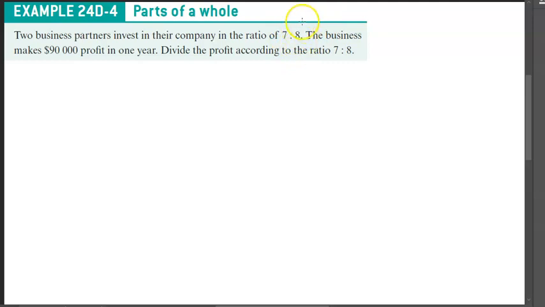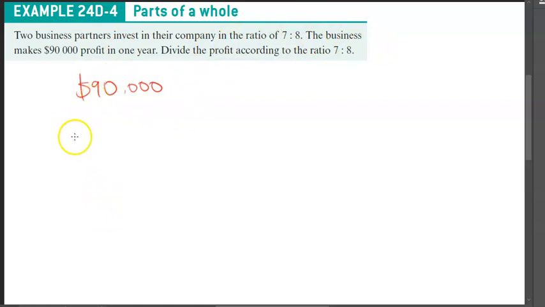So we're expecting that business 2, whatever the business is, is going to get just a little bit more money than business 1 because they got more stocks in. And so the profit that they made is $90,000. So what's happening is once the profit has been calculated, this gets sent out to this business.